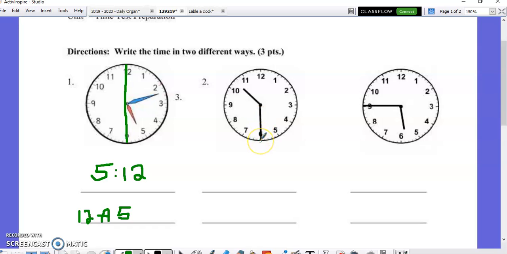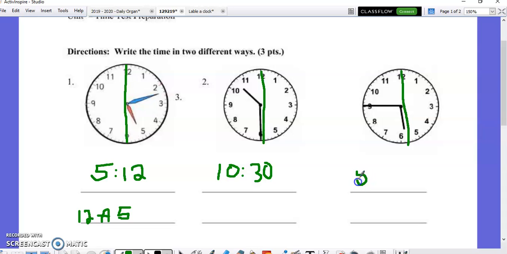Down here we have half past, and over here we have quarter until. Make sure that anything that is on the right-hand side of the clock, including half past, is the current hour. So in this case, it would be 10:30 because 10:30 is still the current hour that we are in. But anytime you have a clock like this one on the left, it changes a bit because now we're talking about before the next hour, until the next hour.